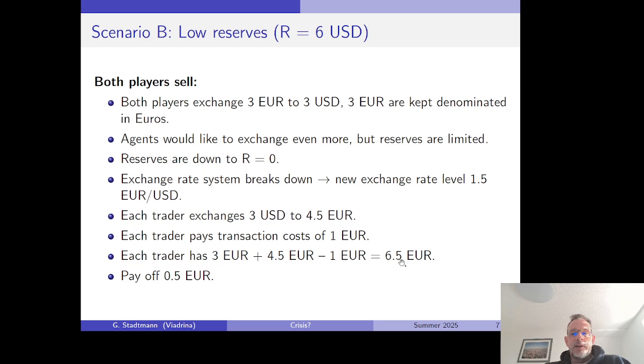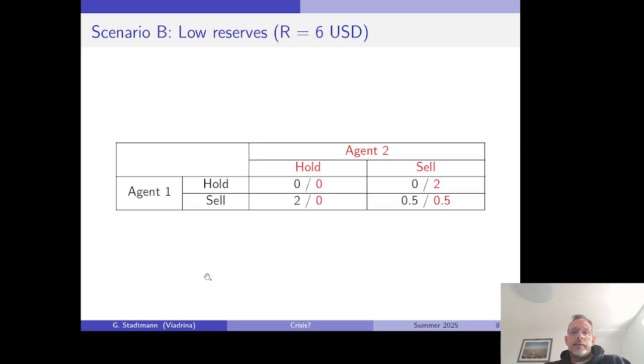So the trader ends up with 6.5 euros. The trader started with €6 in the pockets, ends up with 6.5, so the profit, the payoff, is equal to 0.5 euros. So this is now our adjusted payoff matrix in scenario B with low reserves.